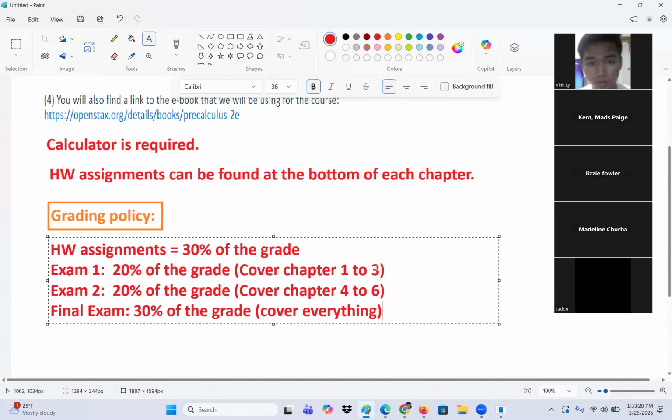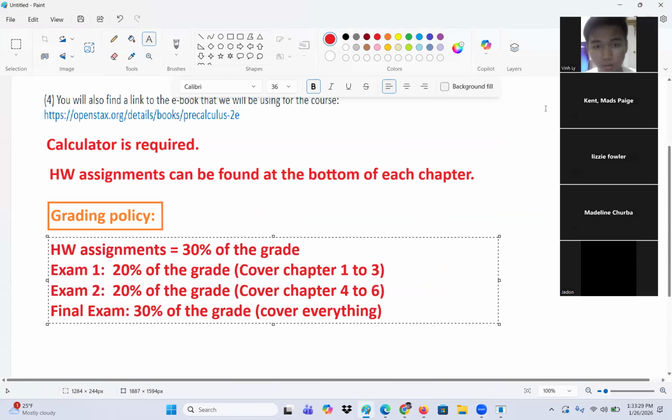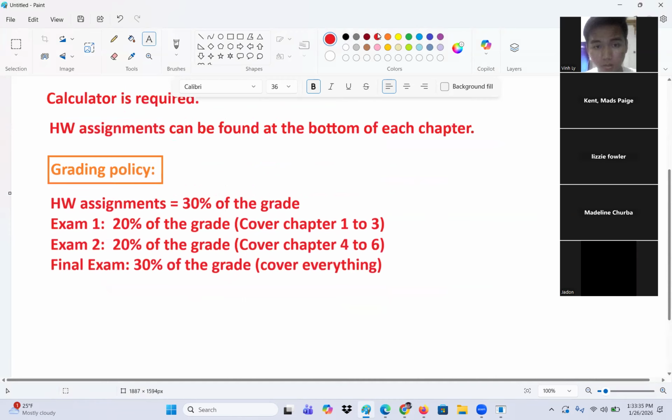So technically the homework has the same weight as the final exam. So even if you did not do well on the final exam, but if you max out the points for the homework assignments, you're definitely going to pass the course.